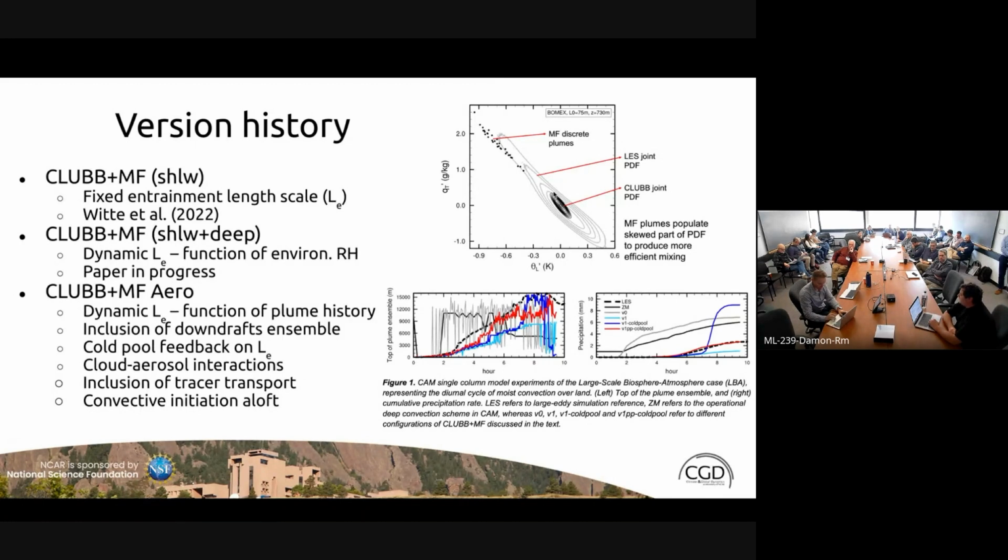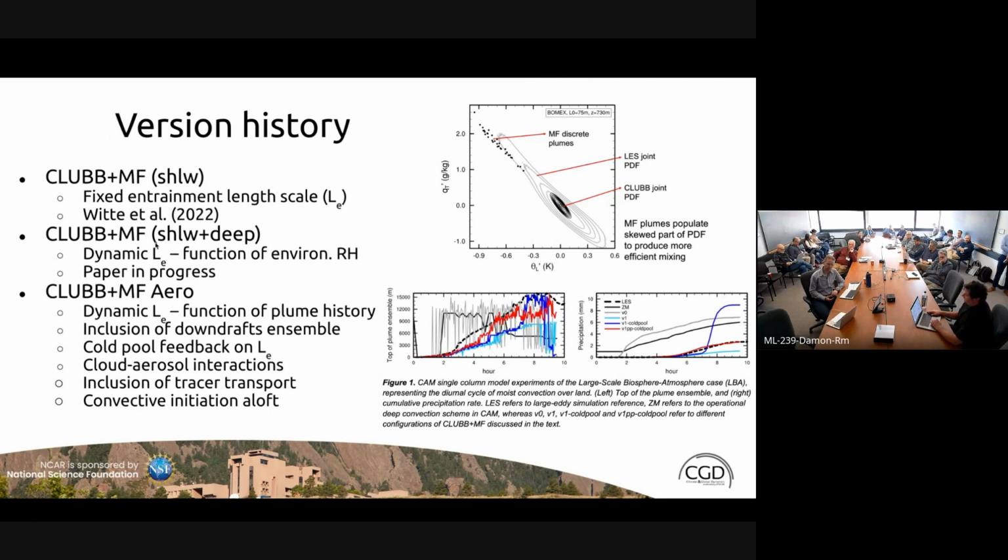CLUBB will produce a joint PDF in this particular situation that looks like these black lines here. The LES solution, which is our target, has a much broader distribution that is skewed towards the upper left-hand side of the plot. And so the discrete mass flux plumes end up populating this side of the space in order to add this missing skewness from the CLUBB PDF. This demonstrated the utility of this approach.